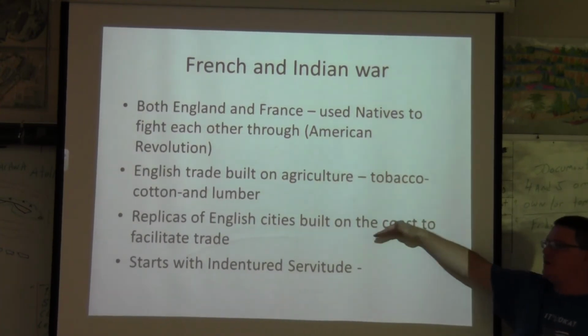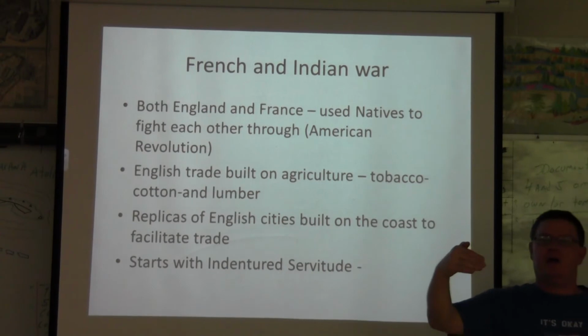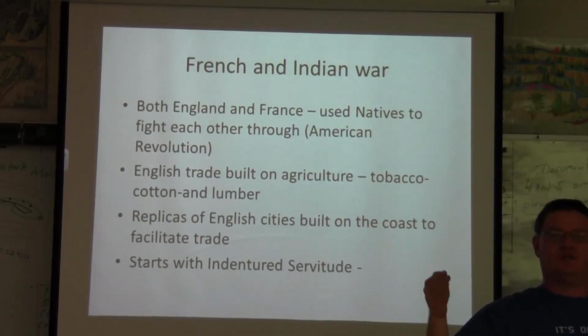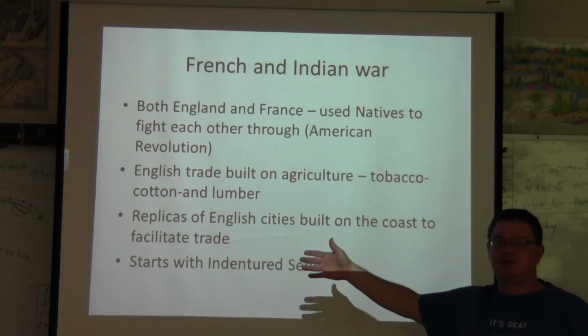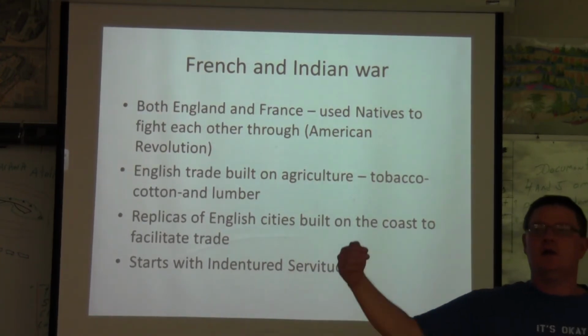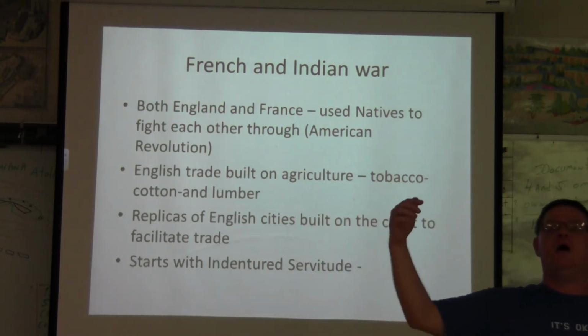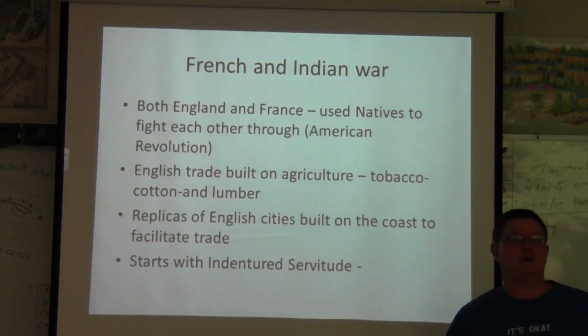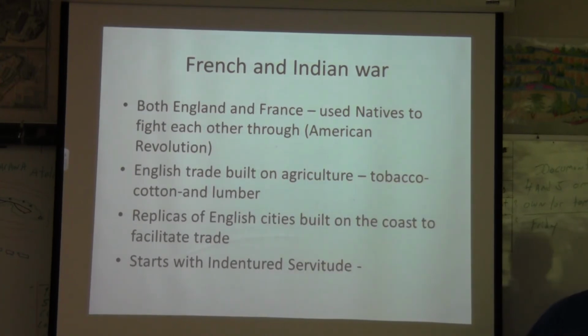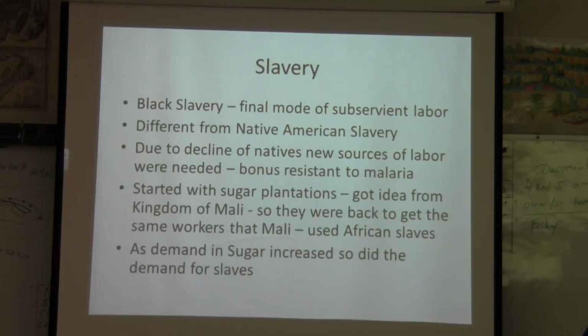And so small cities along the American East Coast will be born to facilitate this trade: Charleston, South Carolina; Norfolk, Virginia; Wilmington; New Hanover; Connecticut; Portsmouth and Plymouth, New Hampshire and Massachusetts. It's where you go to facilitate that trade.